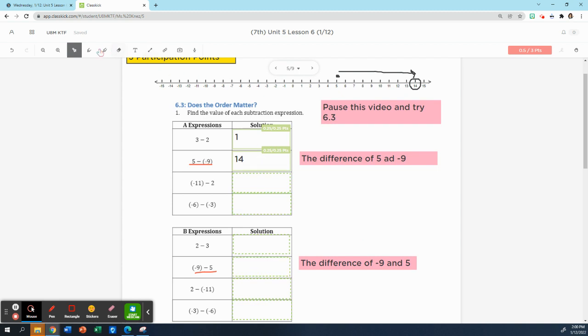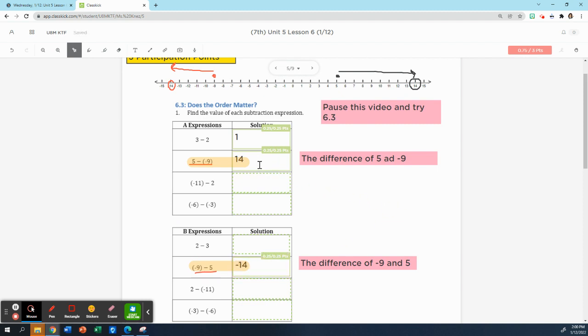Notice that when I start with negative 9 and I take away 5, I'm moving left and I end up at negative 14. The answer is similar, but not the same as in the other row of the table. When we flip the order of our subtraction, the differences are opposites. I forgot my negative symbol. This should be negative 14.